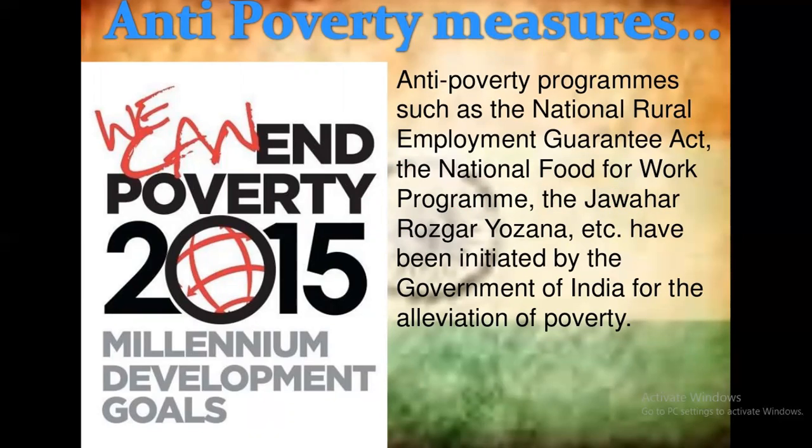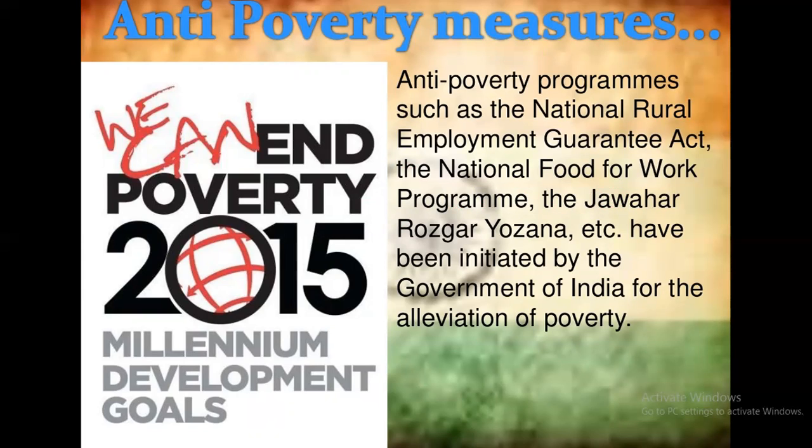Anti-poverty programs such as the National Rural Employment Guarantee Act, National Food for Work Program, Jawahar Rozgar Yojana have been initiated by the government of India for the alleviation of poverty. That means different anti-poverty programs are brought in by the government so that they can reduce poverty and then vanish it from the whole country.